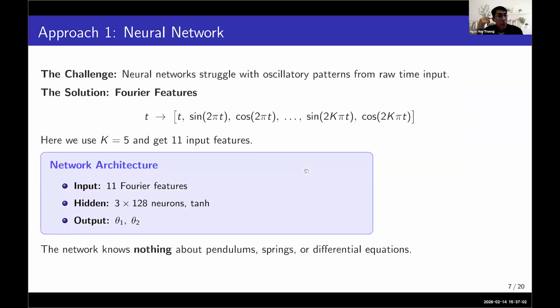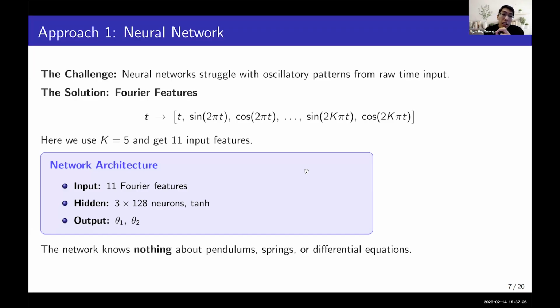Approach one. First, we provide the students a neural network. But the first challenge is that neural networks struggle to learn the oscillatory pattern from just the t input, the time input.